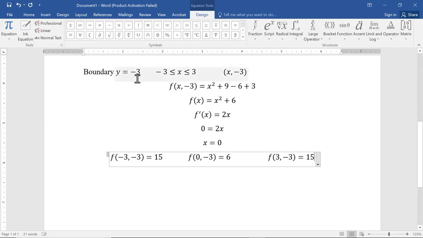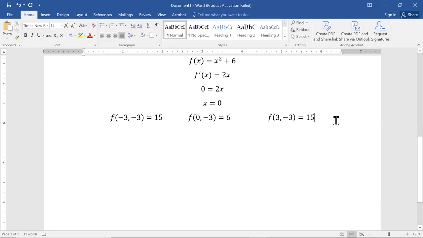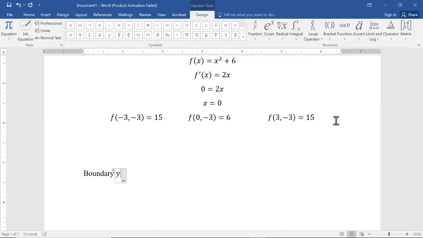So that's one boundary. Let's go to the next boundary that we saw. The next boundary that we saw was the line y equals 2x plus 3.